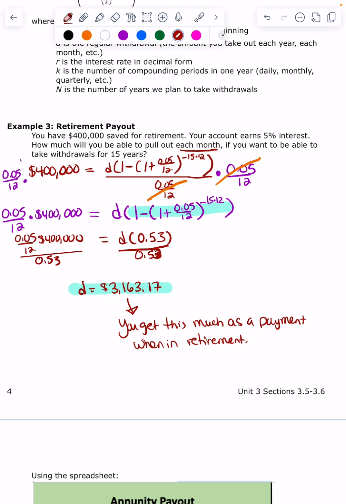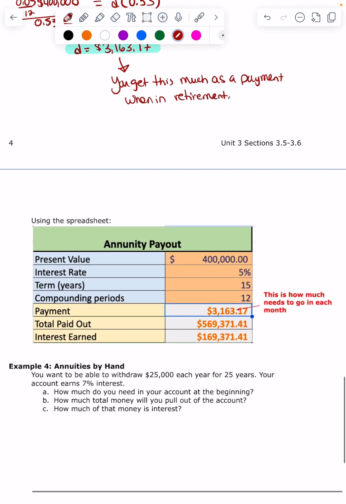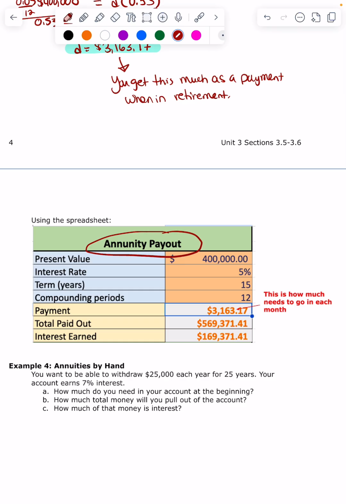As the goal is you'll save some money for retirement, and then you get to just pull out usually monthly payments as your money to live on. So this can be done in Excel with the annuity payout section. And then it'll give you the total that's paid out and how much interest is earned.